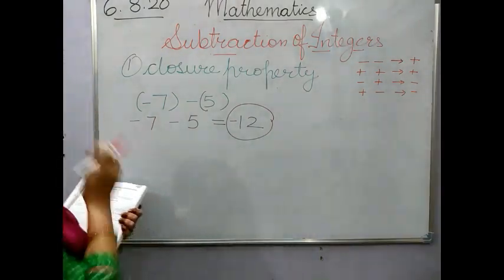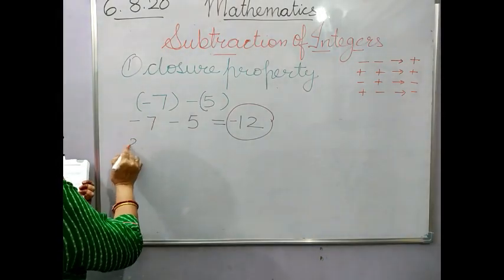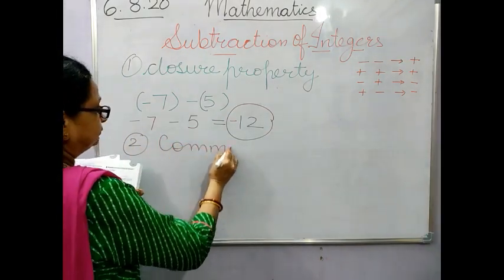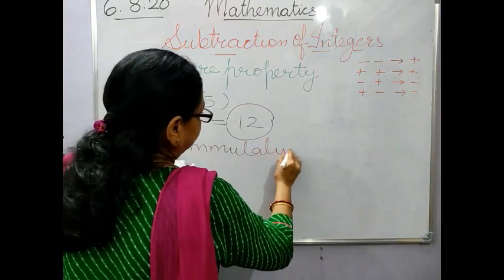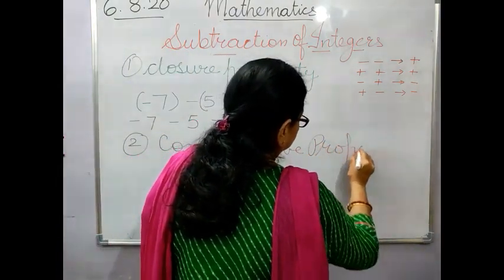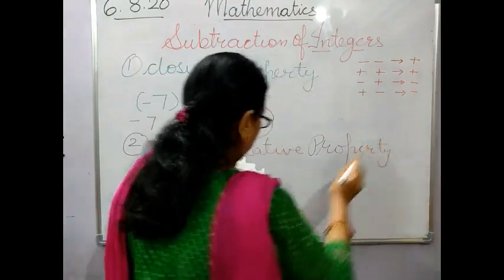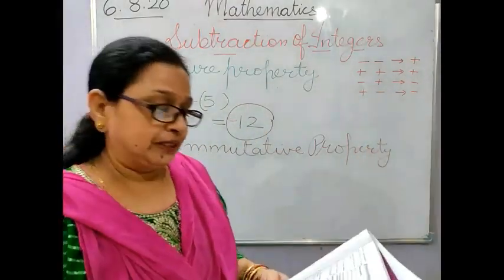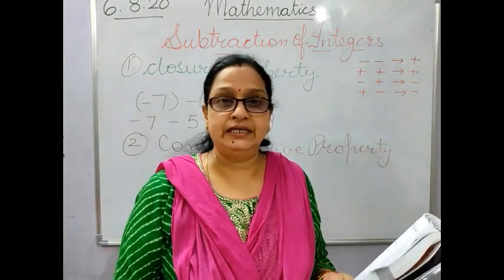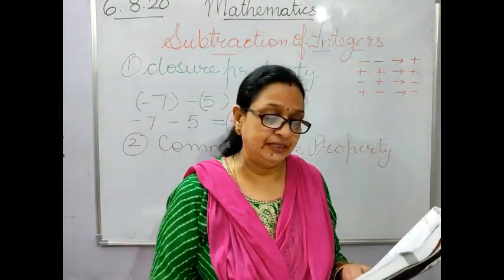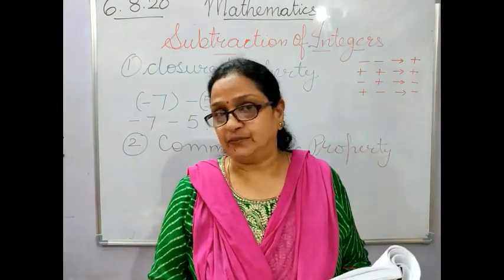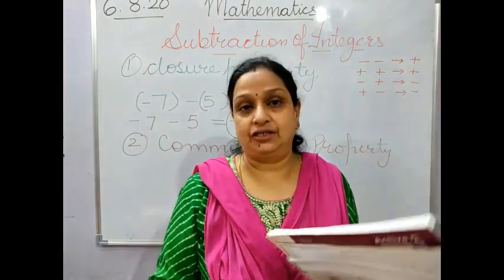Then see here, the next one is commutative property. Commutative property says that the difference between the two integers does not remain the same if the order in which they are subtracted is changed.